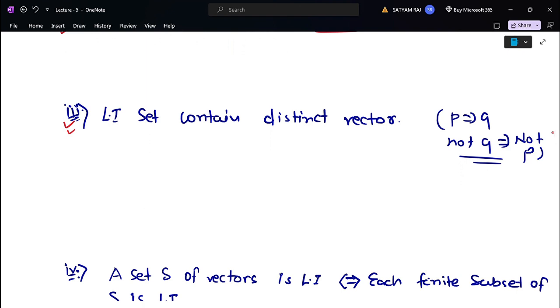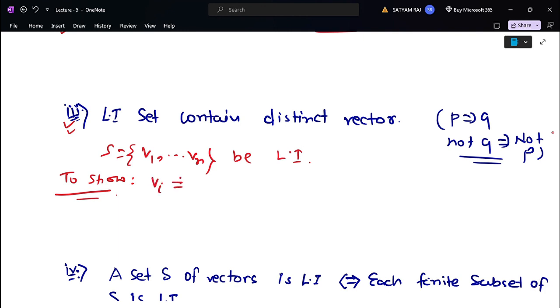Let we have a set v1, ..., vn that is linearly independent, and we need to show that it is distinct, meaning vi is not equal to vj where i is not equal to j, and i, j range from 1 to n.